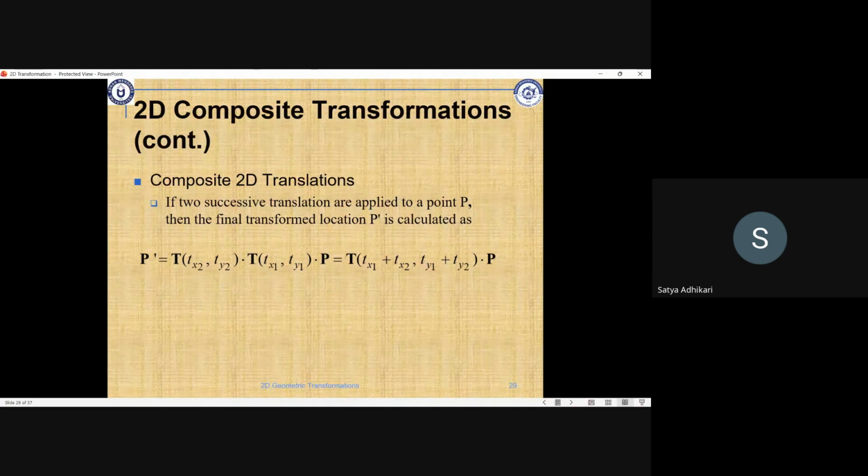We need not perform the first operation and then the second. You can apply only one operation, Tx1 plus Tx2, Ty1 plus Ty2. Suppose Tx2 is 3 and Tx1 is 2, then the result is 3 plus 2, 5. Similarly for the y coordinate.